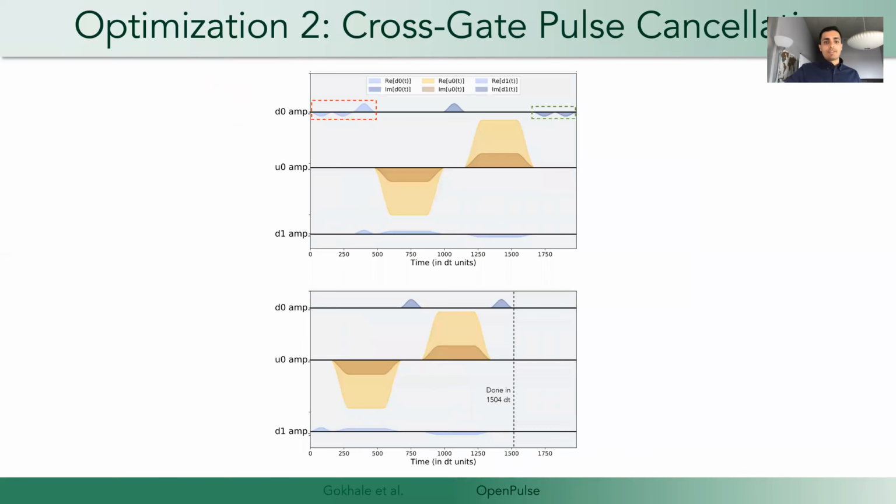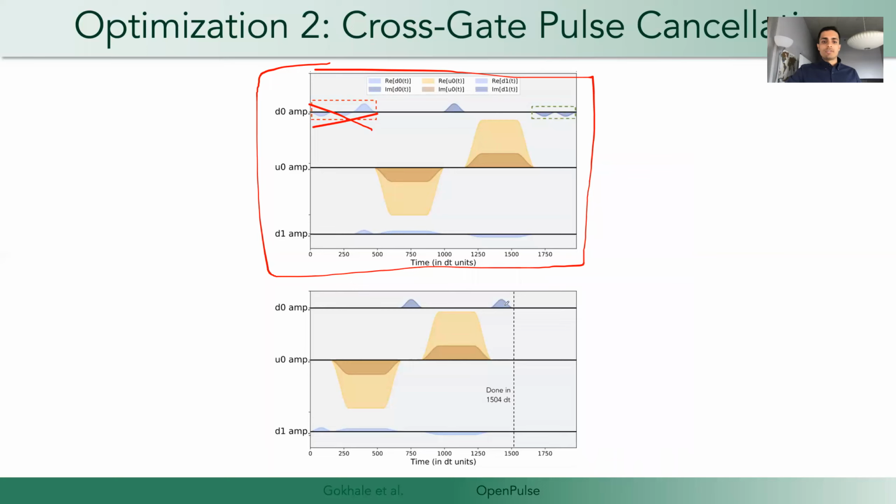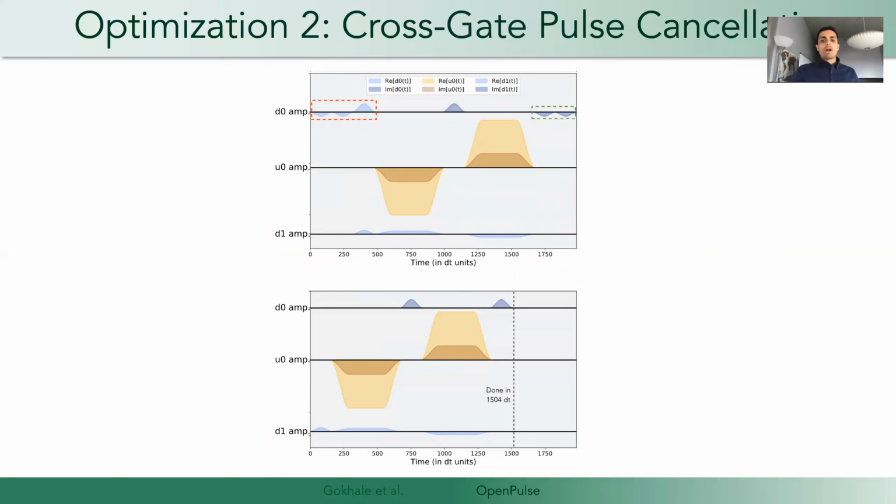And so specifically for that open control not, whereas this was the original schedule that the standard pulse scheduler produces, we are able to cancel out the X gates and then convert this X gate into a single hump here. And together, this means that our open control not can be done approximately 25% faster than the standard open control not. And so that's cross-gate pulse cancellation.